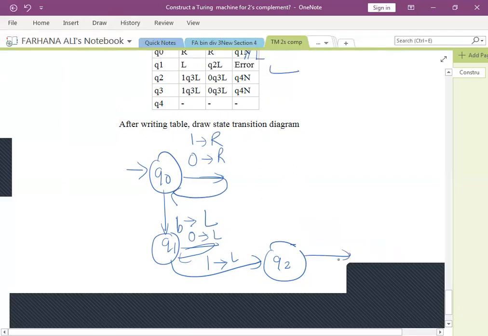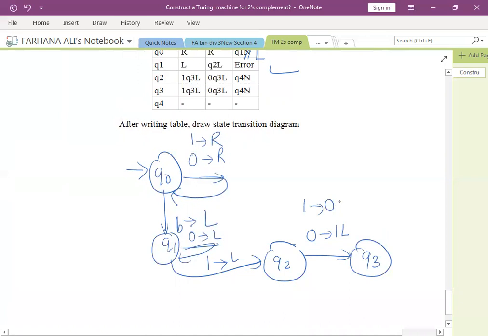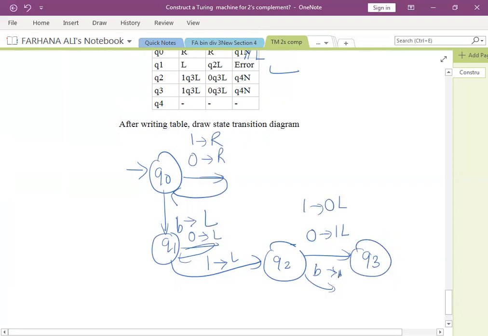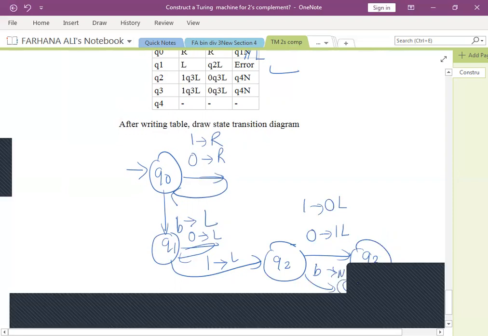Now Q2 with 0, it is producing output as 1 going towards the left hand side, and the resultant state is Q3. Now Q2 with 1 also, it is generating output as 0 and moving towards the left hand side and going to Q3. Now Q2 with blank is going to Q4 with no movement, which is your final state Q4.